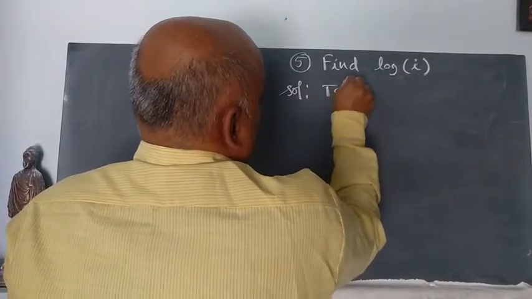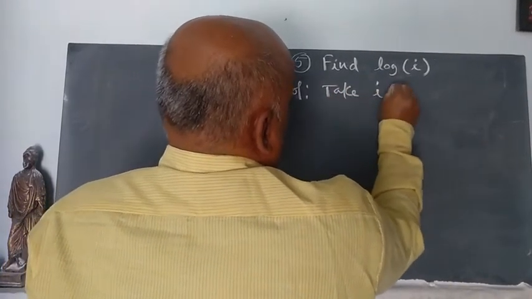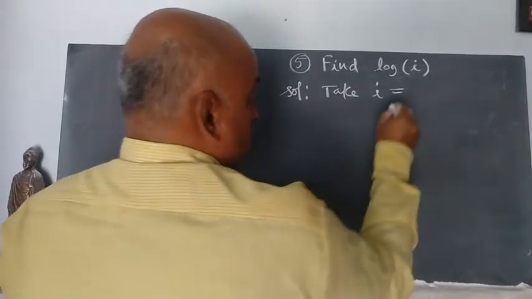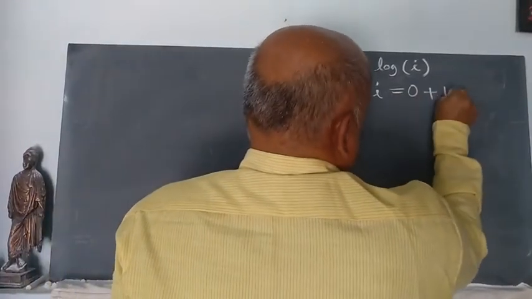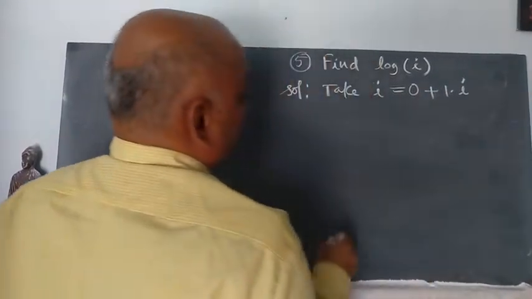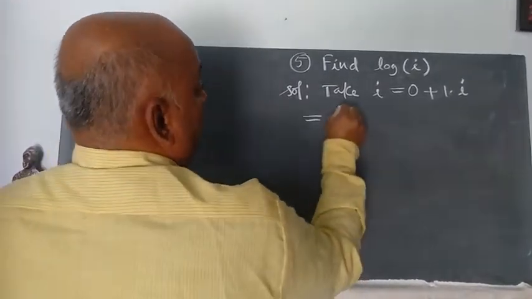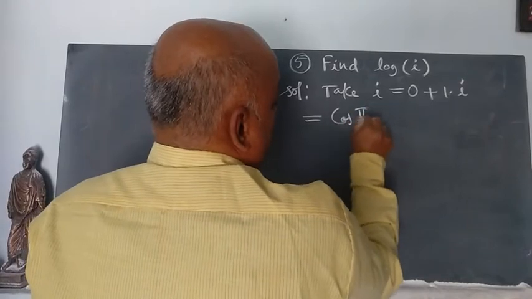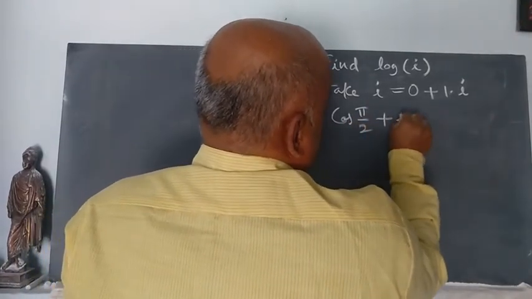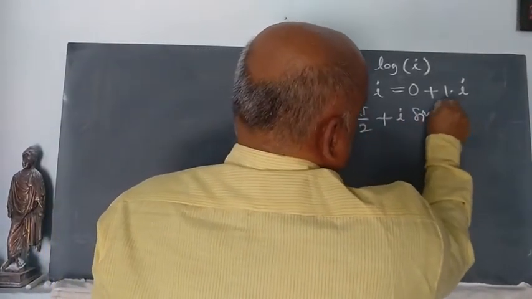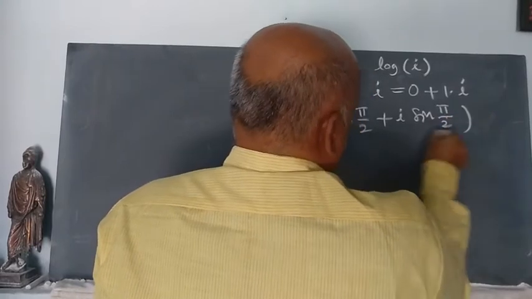Take i, which is equal to 0 plus 1 into i, which is equal to cos pi by 2 plus i into sin pi by 2.